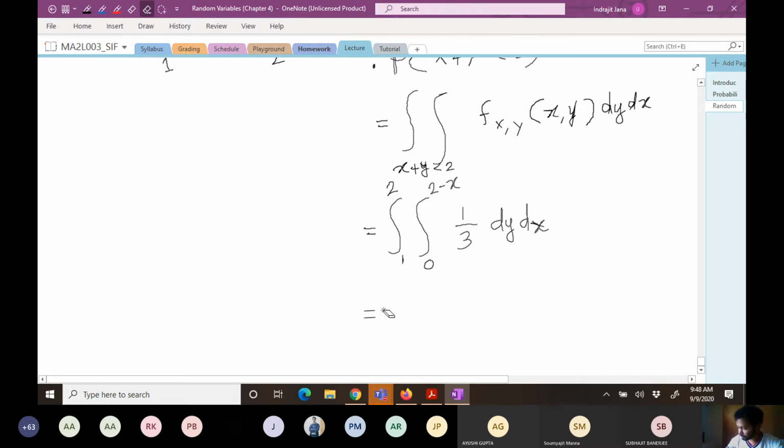This integration is from 1 to 2 of 2 minus x dx. 1/3 is outside, so this is 1/3 times 2x minus x squared over 2, with bounds from 1 to 2, which is 1/3 times 4 minus 2 minus 2 minus 1/2, which is going to be 1/6. So the answer of this integration is 1/6.